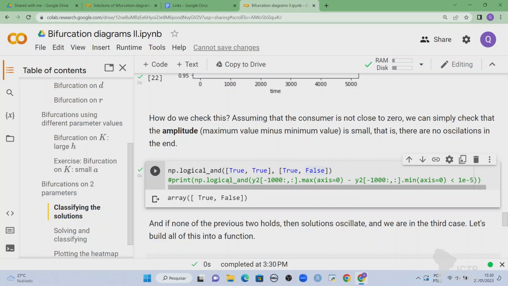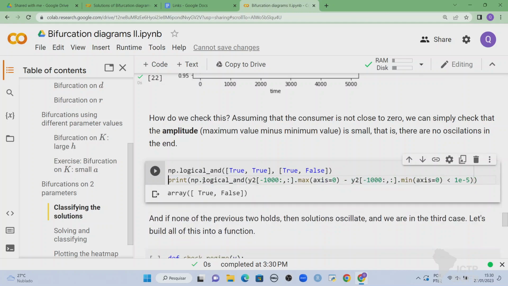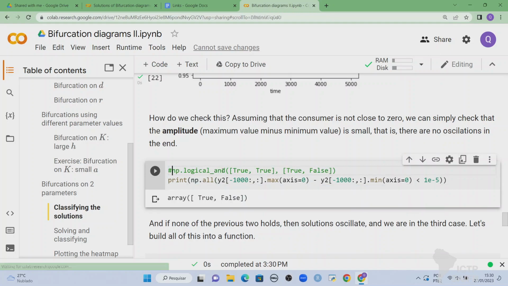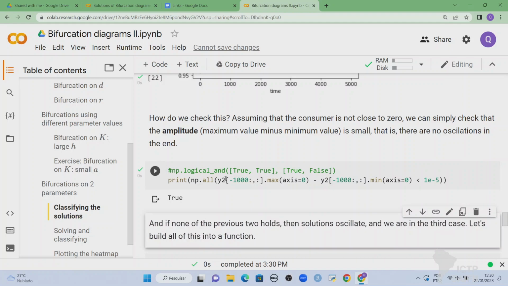This is logical AND, but what I wanted here is all. Here I just passed a single array, and I want all of the elements to be true. So this is not logical AND, this is the all function. Now all of them are true, so this returns true. Does that make sense? They're a little bit different.